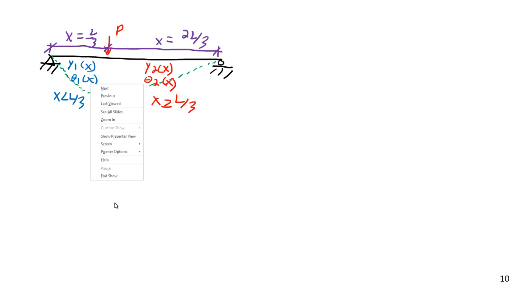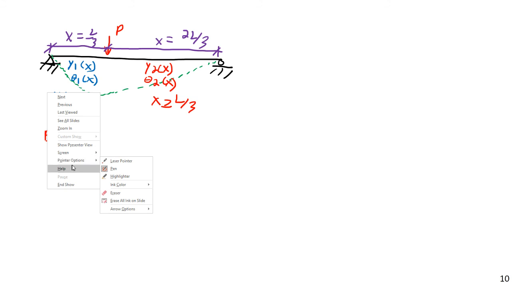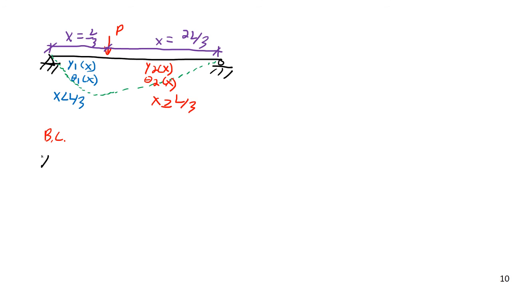So what about some boundary conditions? Well, we're going to need some more boundary conditions than just the one on the left and the right. y1 at x equals 0 must be equal to 0.